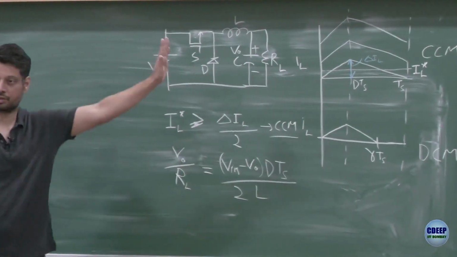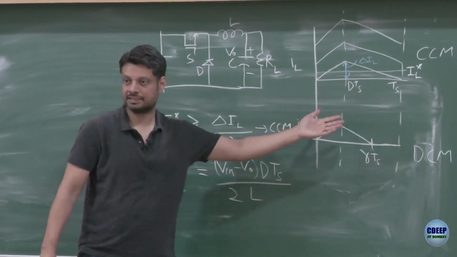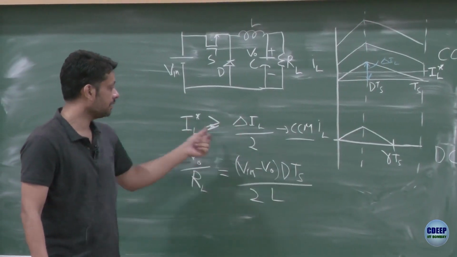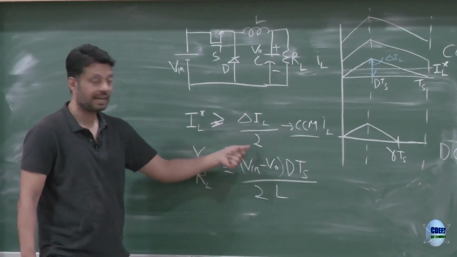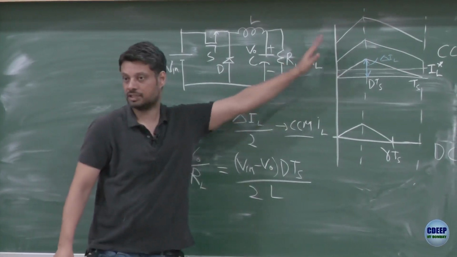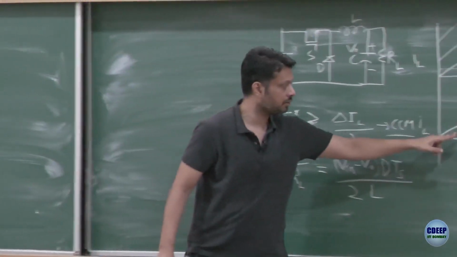That part you are sure, you agree. I agree that you may be thinking about what happens here, and we'll analyze it in a little more detail. But certainly if the average current is greater than delta IL by 2, you are confident that this is in CCM, there is no question about it. So let us just find this condition and then we will see how this changes.